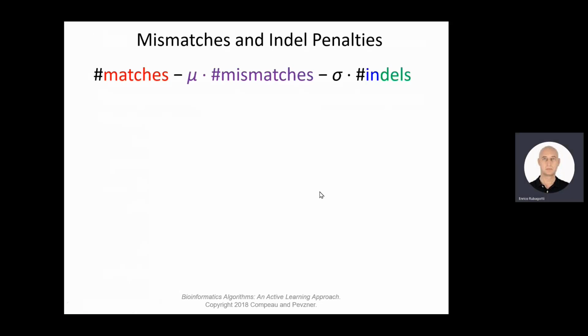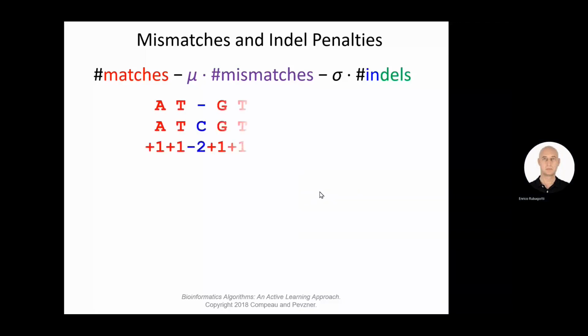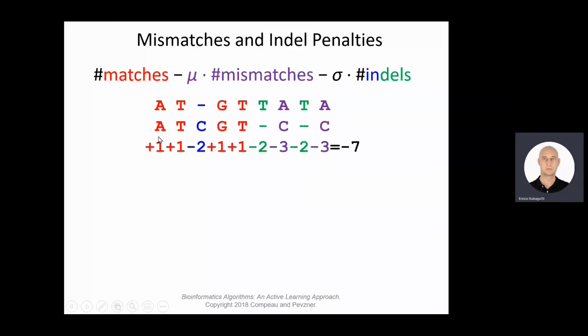We identify matches. We grant a match with mu, a mismatch with sigma, and an indel with a different amount of value. This is an example.